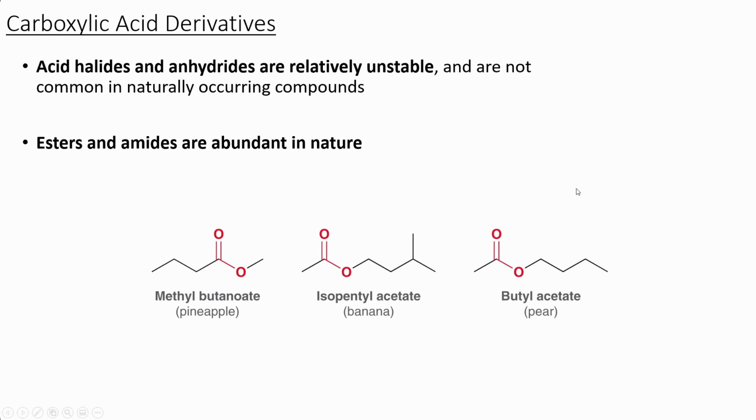Acid halides and anhydrides are very reactive and relatively unstable, and we'll go through the reasoning behind their reactivity. So they're not as common in nature. But esters and amides are very common in nature. Esters are also responsible for many smells.